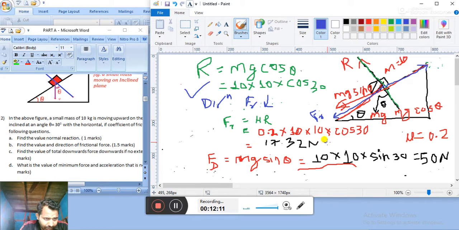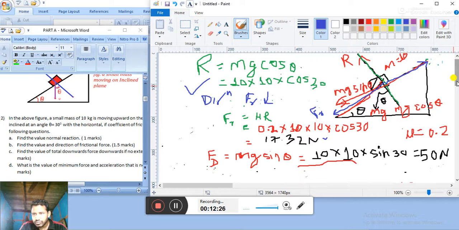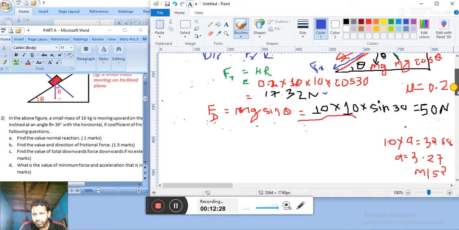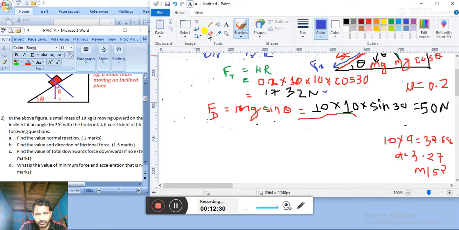Now, find the value of the total downward force if no external force is applied. It means that mg sin theta also acts downward, and the frictional force is also acting downward.